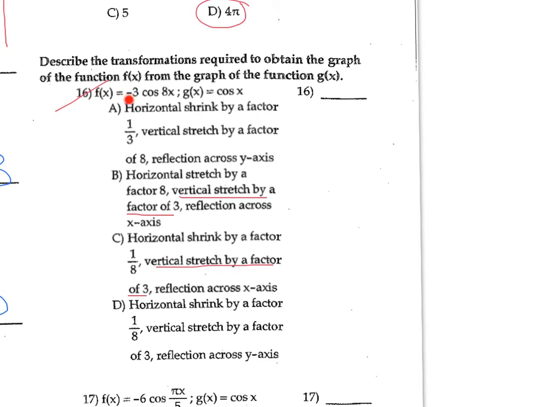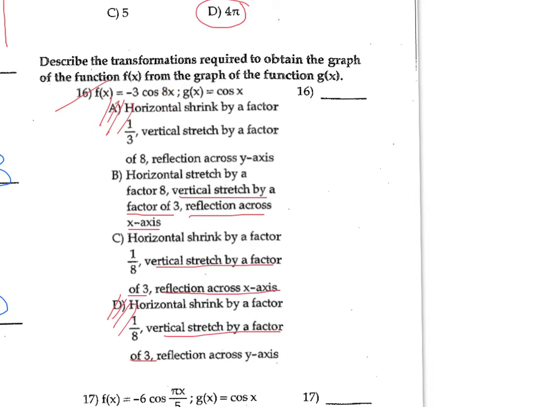This negative. Reflected over the x-axis. Okay, so reflection across the x-axis. So E could be this one, and it cannot be D.